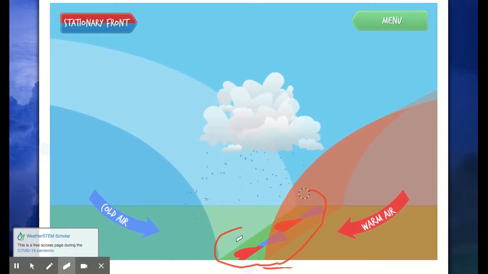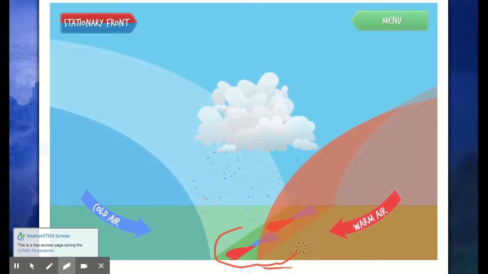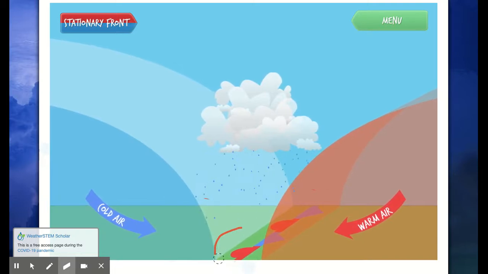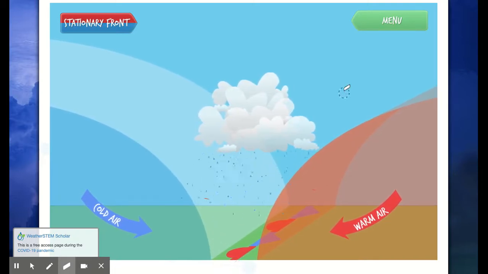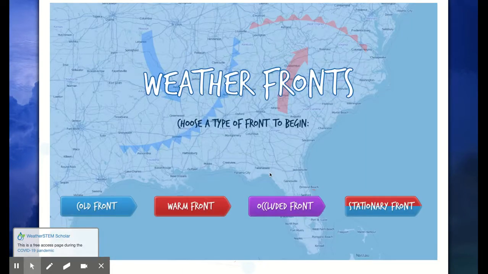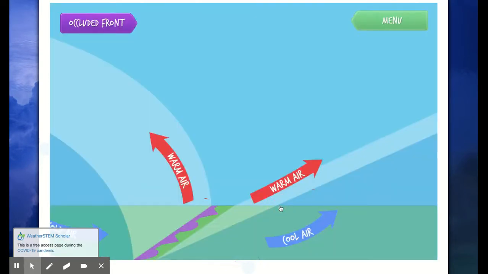So the last one, an occluded front, is probably the most difficult to kind of wrap your head around. So an occluded front, in this situation, you have two cold air masses. Okay, you can kind of notice one here on the left, and we have another one over here on the right.